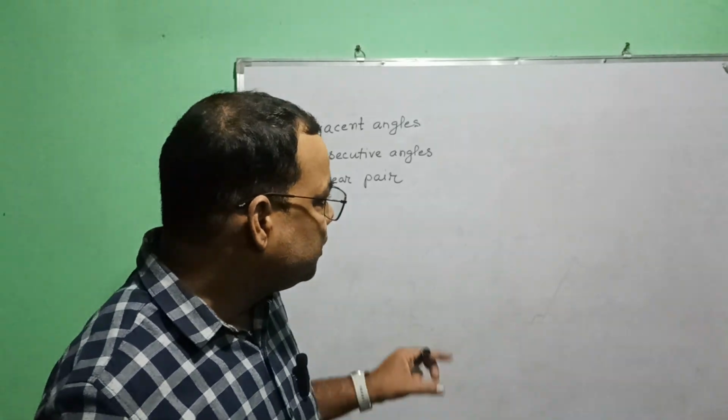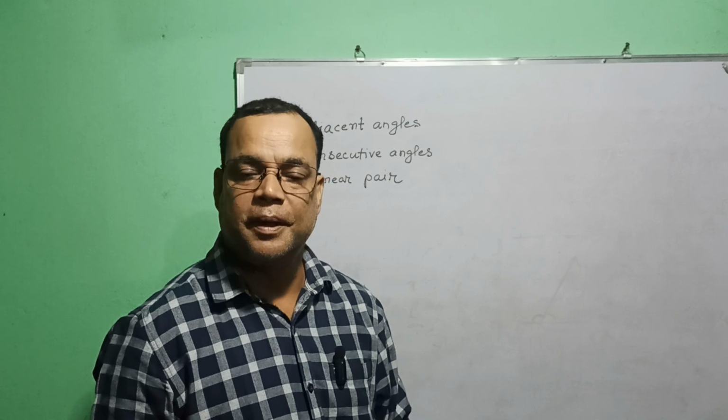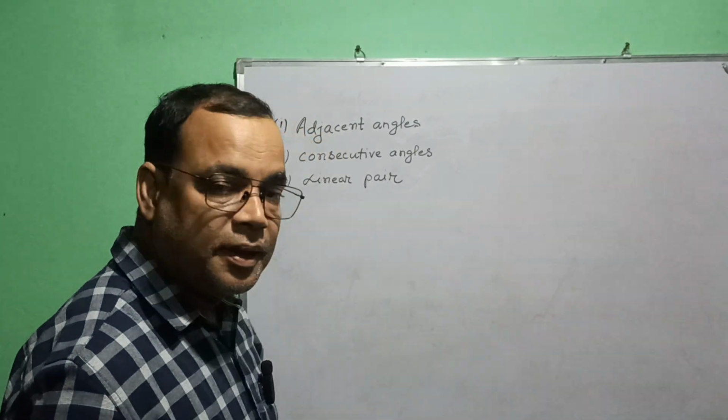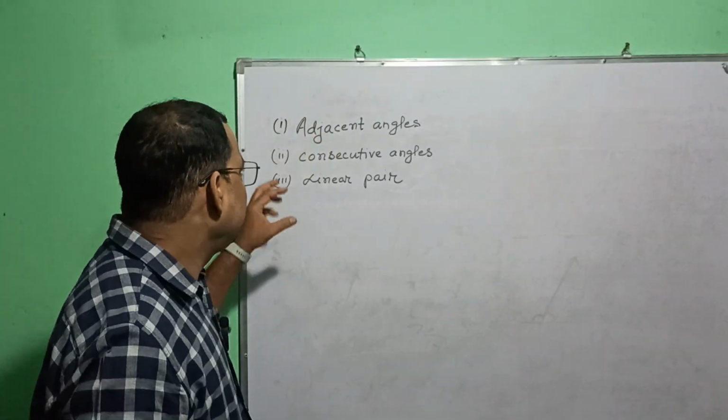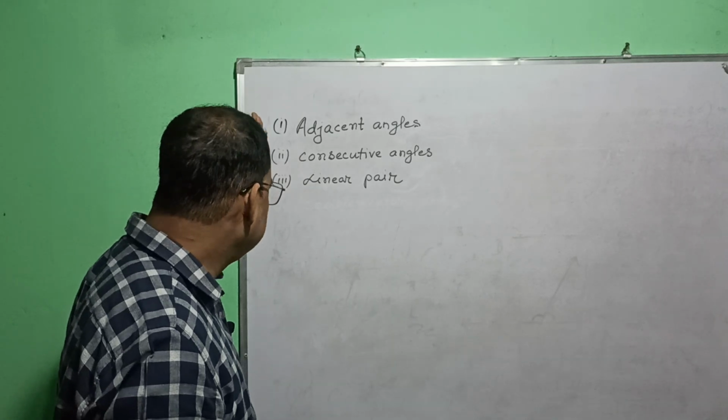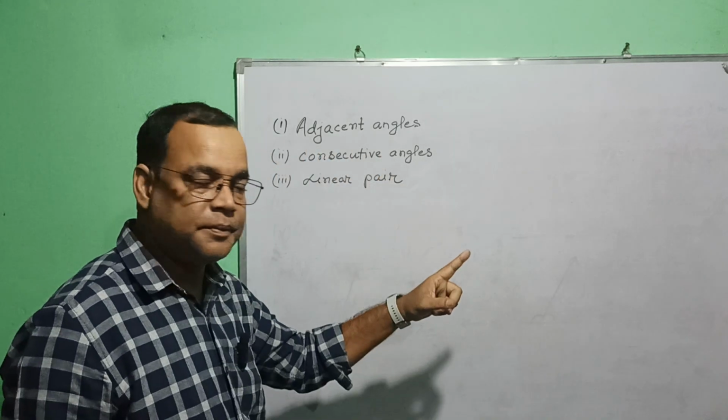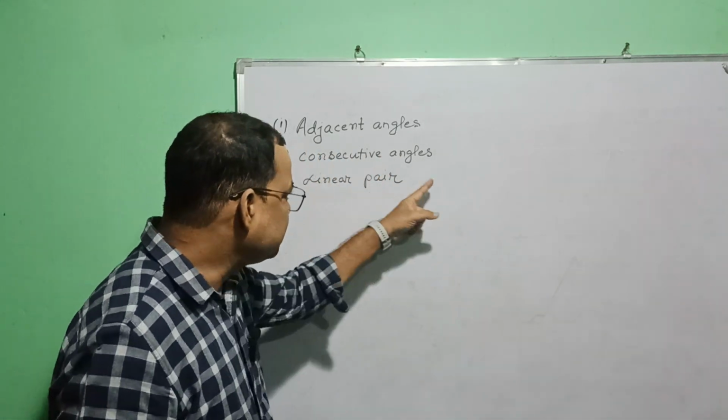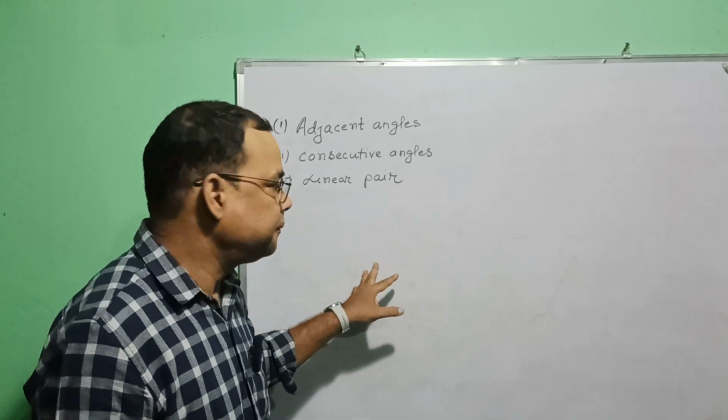But for this, the two lines must always be parallel. That one I discussed in my previous video, and today I will discuss one by one these three types of angles: adjacent angles, consecutive angles, and linear pair.